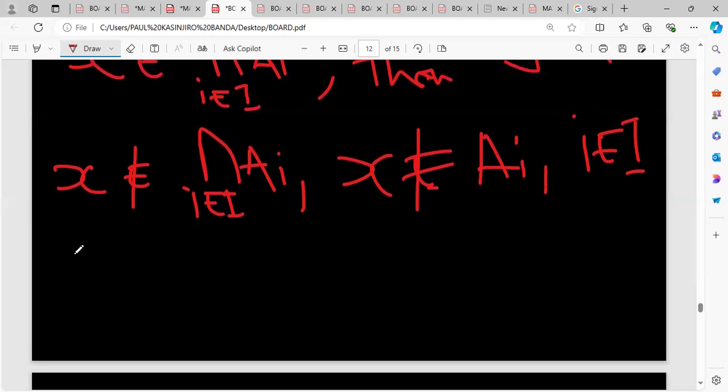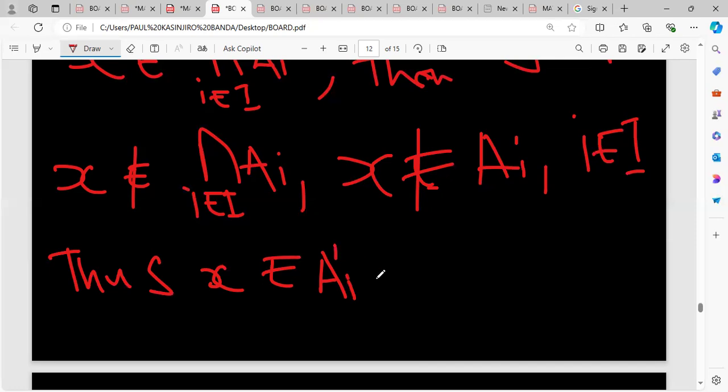And then from here, thus, X is a member of AI complement for some I. Here I forgot to put the word "some," so you can put here for some I in the indexing set.